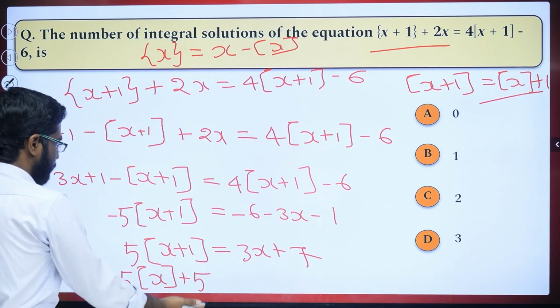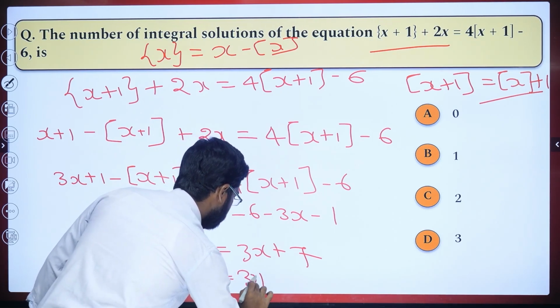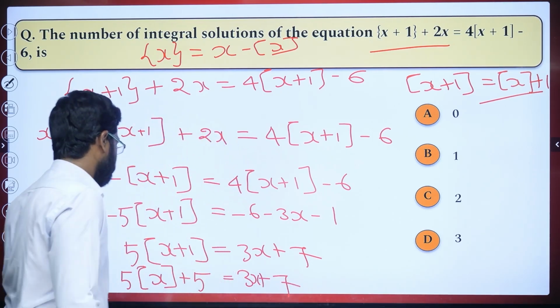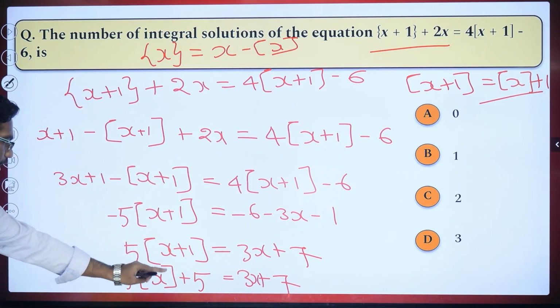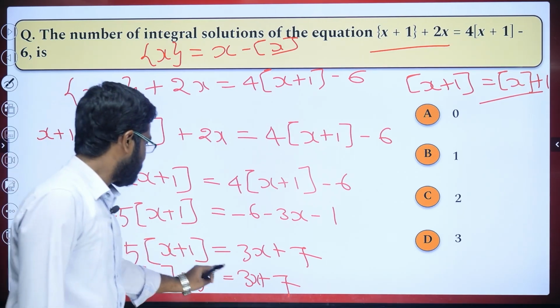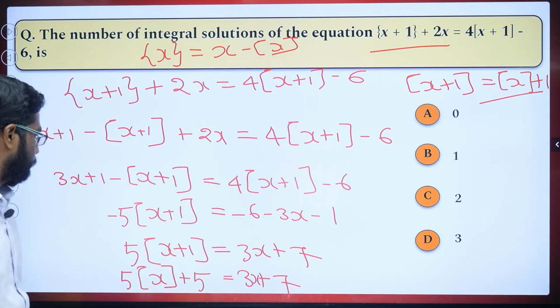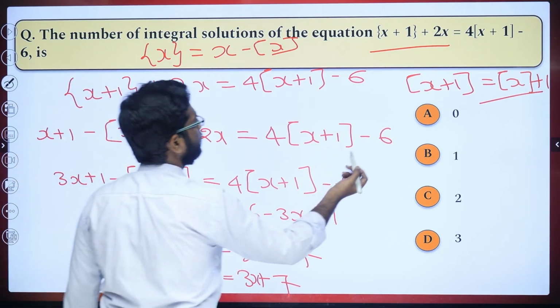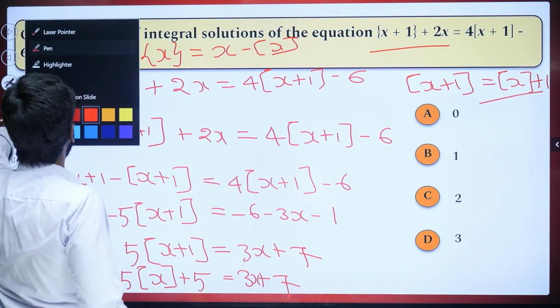So 5 greatest integer of x plus 5 is equal to 3x plus 7. So now, my dear students, if I get the 5 there, I will get the answer 2. So 5 greatest integer of x, where I can solve, okay, directly I got.